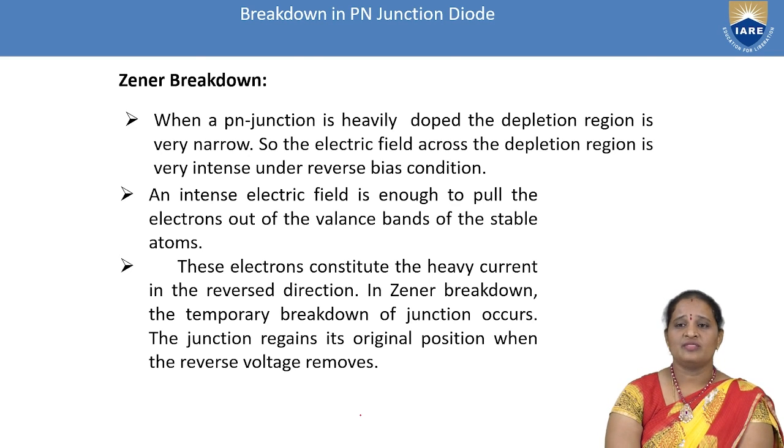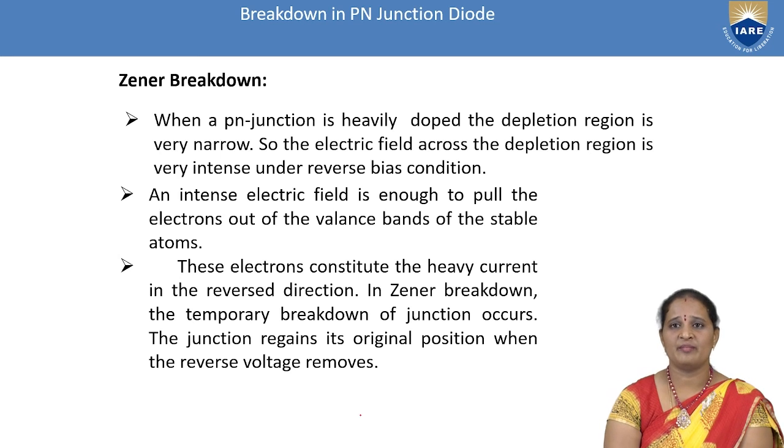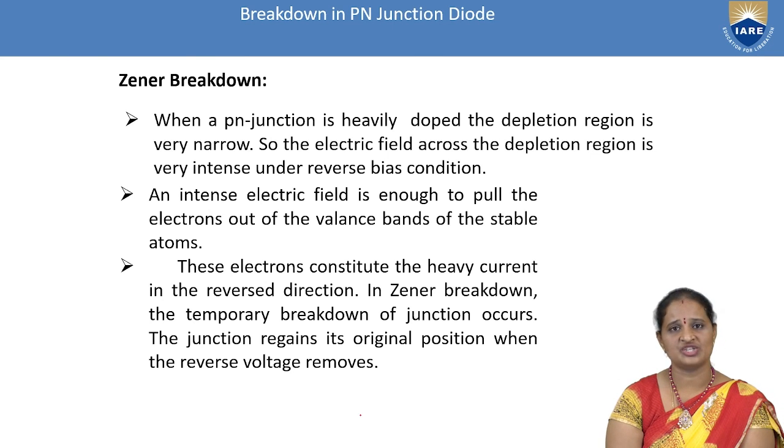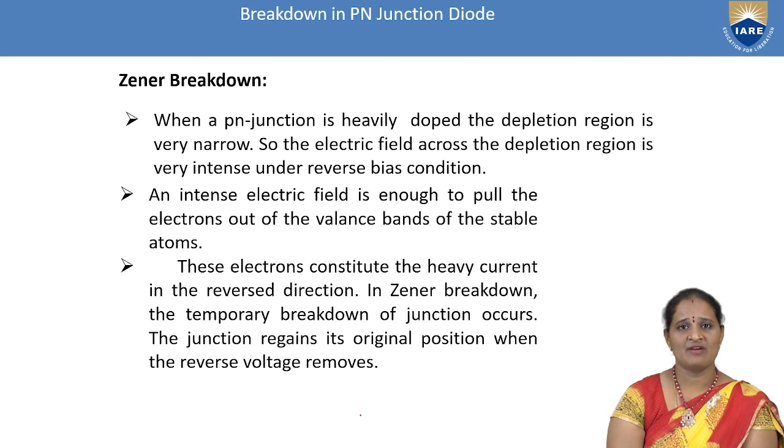So here, the one thing that we have to remember is, in a Zener breakdown, once it has happened, the diode can recover to its original position, whereas in avalanche breakdown, once the breakdown has occurred, the diode cannot recover to its original position.